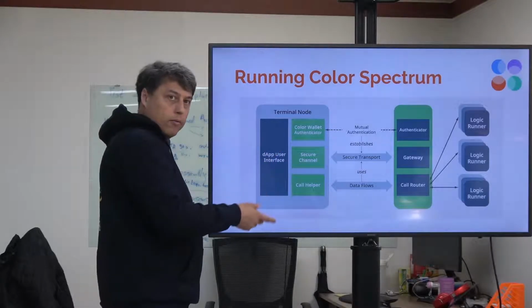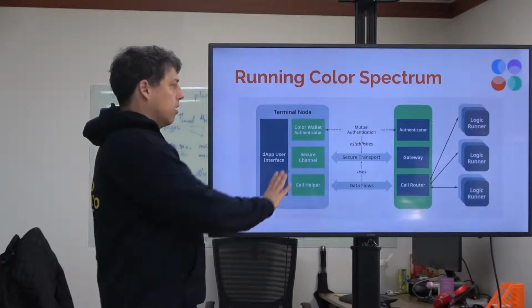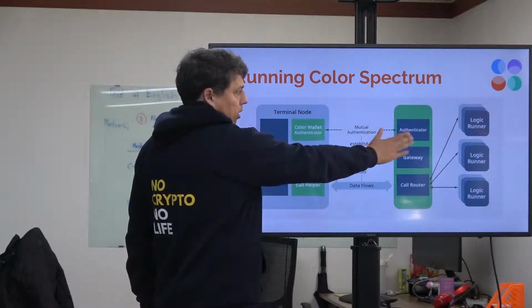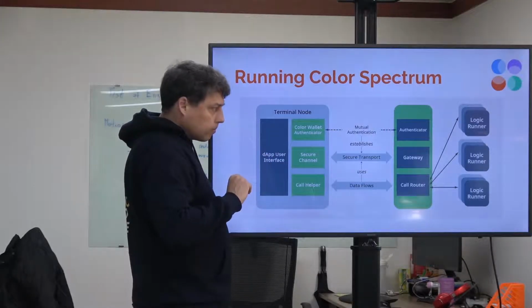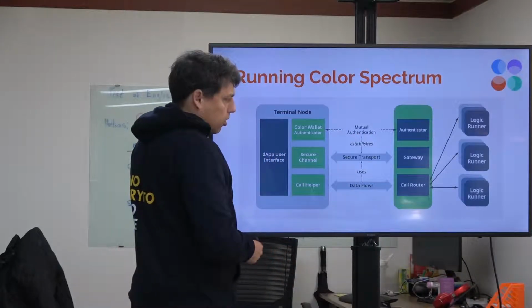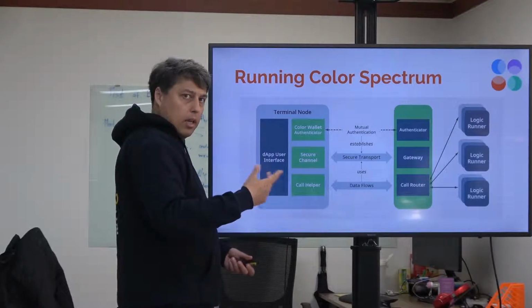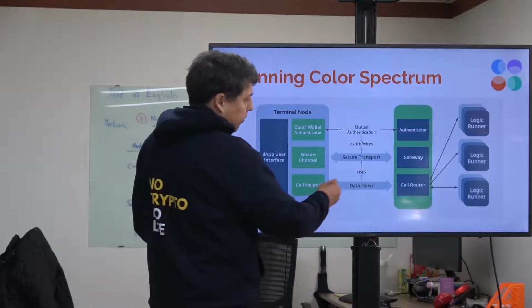It provides a user interface, buttons, input fields, and so on. And there are some components that establish a secure connection to the Spectrum infrastructure. It makes an authenticated connection and provides secure transport to safeguard the data, its integrity, and its confidentiality.